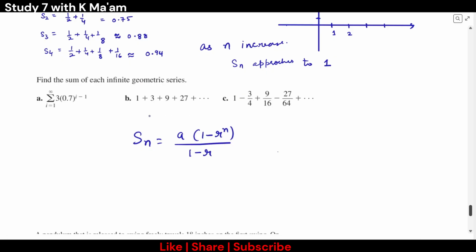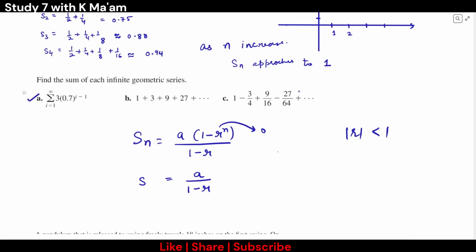We can find the infinite geometric series sum only if the ratio is between 0 and 1, or you can say the absolute value of r is strictly less than 1. In this case, r to the power n, with n very large, approaches 0. So our formula for infinite terms will be a over 1 minus r.